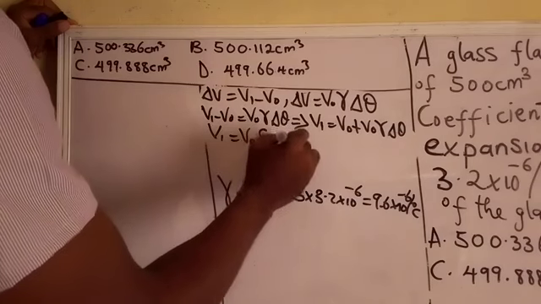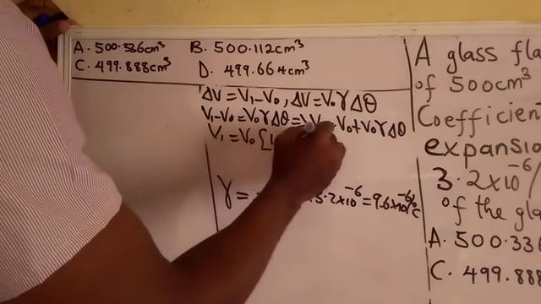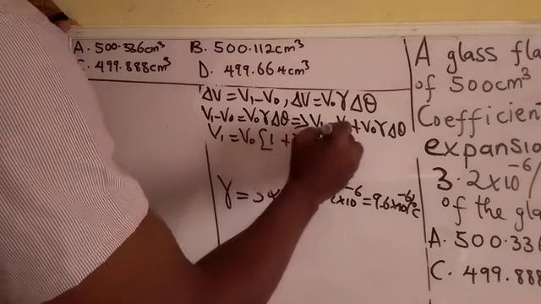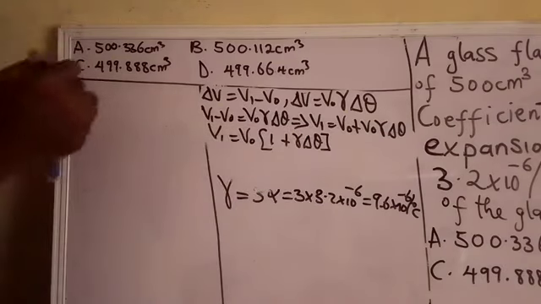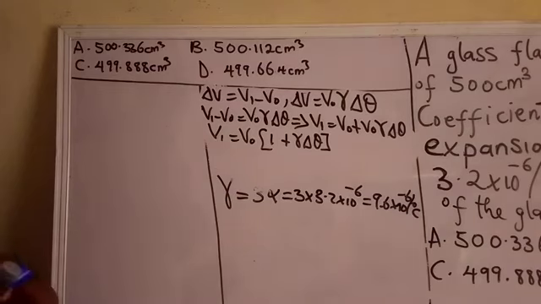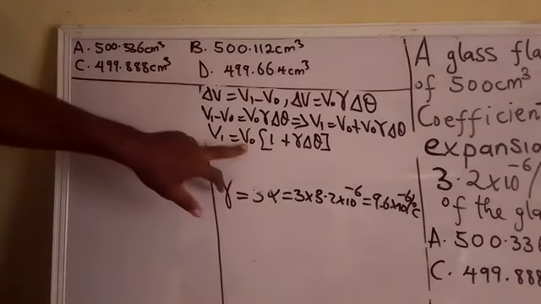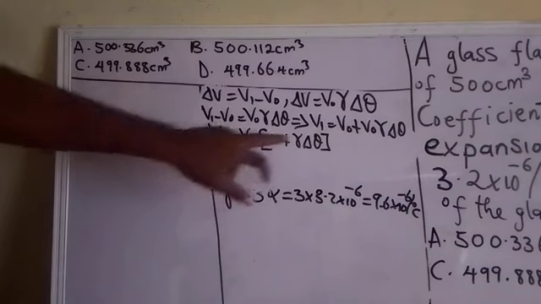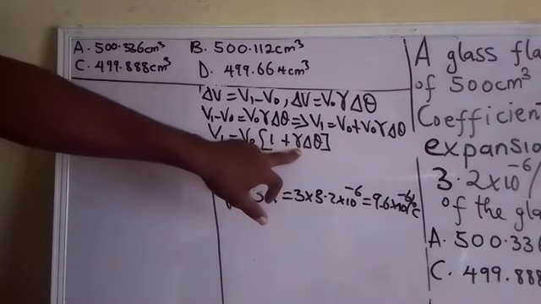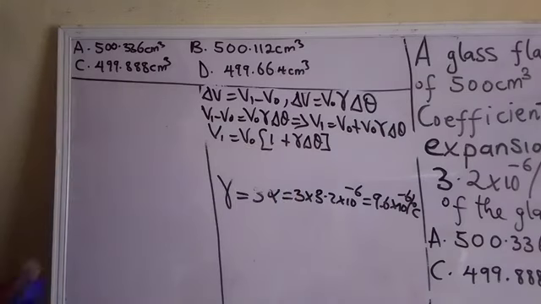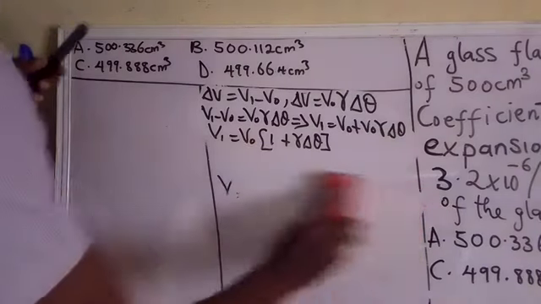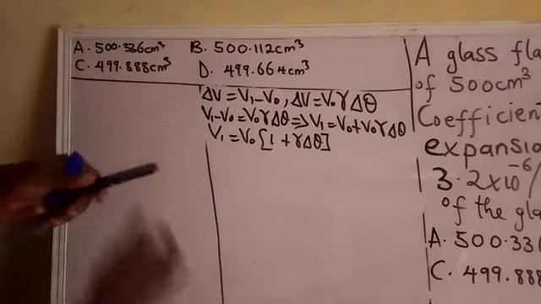You're going to have 1 plus gamma change in temperature. Now with this, all you need to do is substitute the value of V0 which was given, substitute gamma which you know, substitute change in temperature which we also know. Now let's go about doing that.